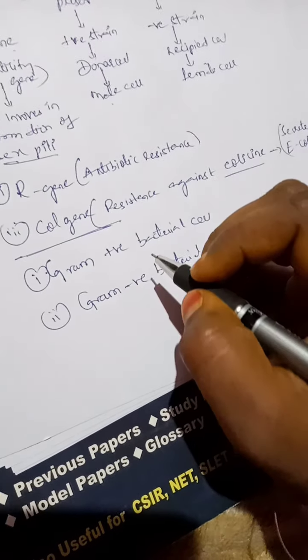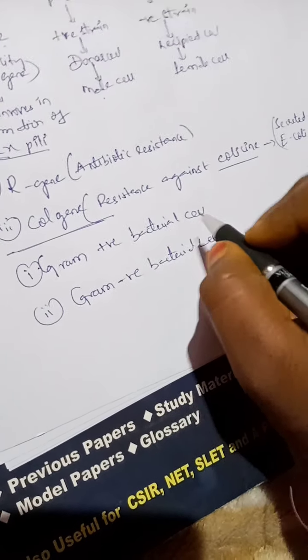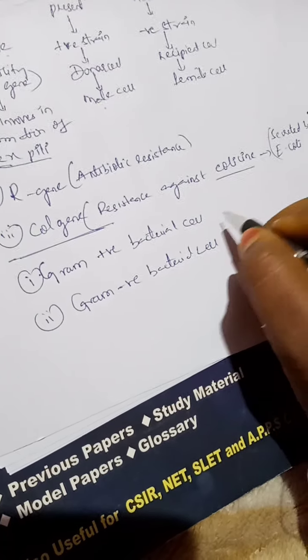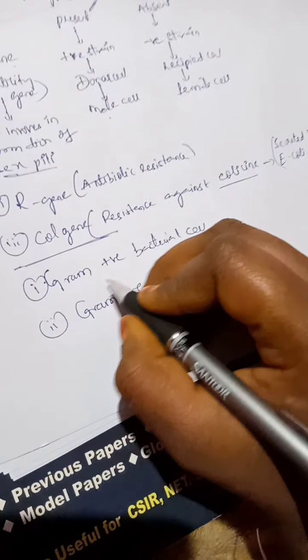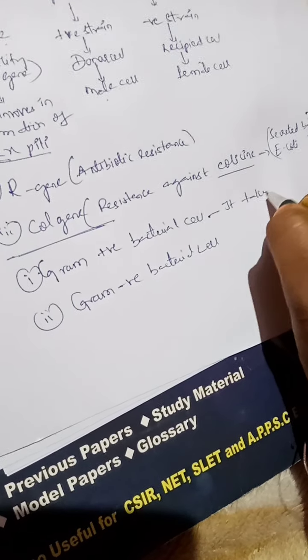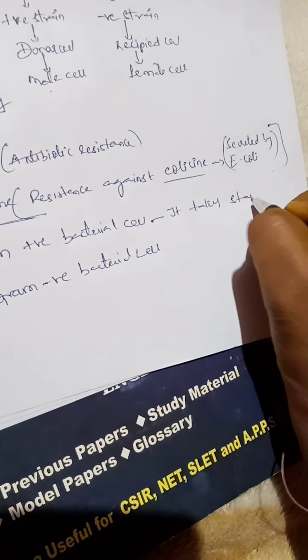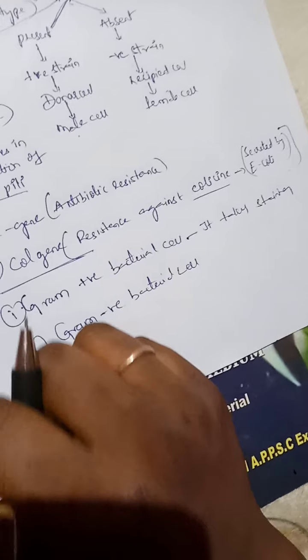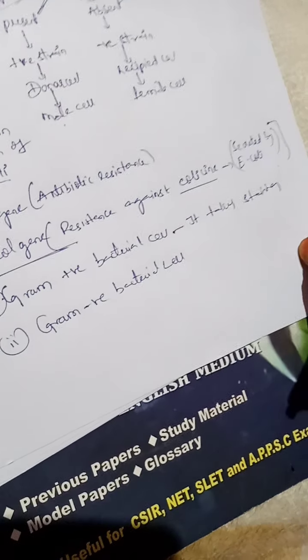We can differentiate prokaryotic cells into gram negative and gram positive bacteria based on staining. A gram positive bacterial cell takes the stain, the gram stain. The scientist Gram gave this staining technique.